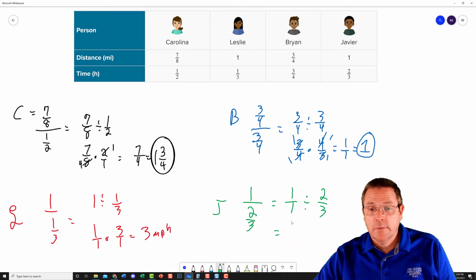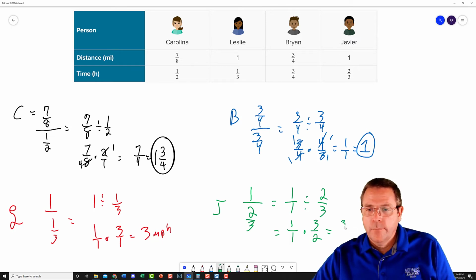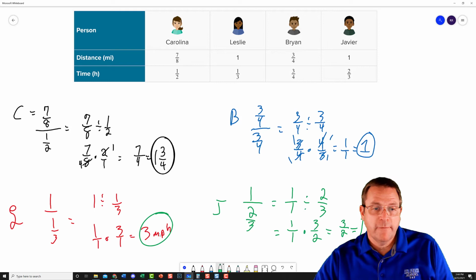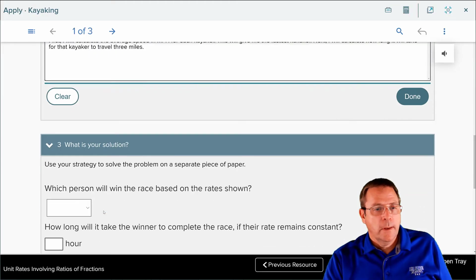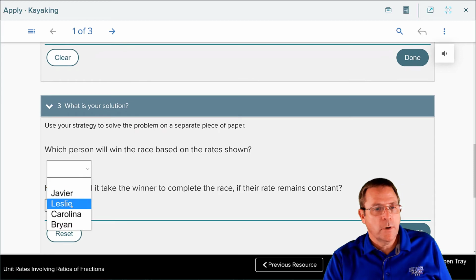That's the same thing as 1/1 times 3/2, which leads to 3/2, or 1 1/2 miles per hour. So currently it looks like Leslie is the fastest person. So we're going to jump back over here, and we're going to plug Leslie in as our winner.